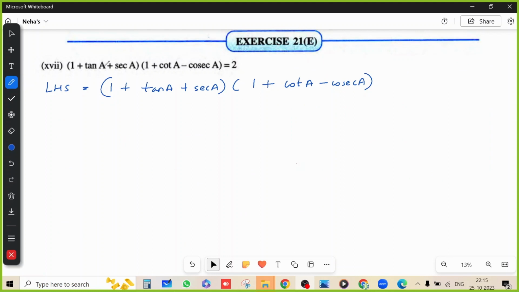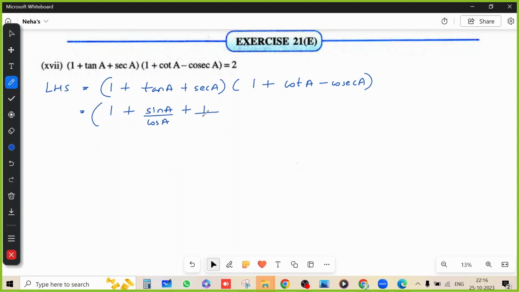The left hand side of the next question is given as 1 plus tan a plus sec a into 1 plus cot a minus cosec a. Here we will convert all the terms in the form of sine or cos. So let's start. 1 can be written as it is. Tan a can be written as sine a divided by cos a.